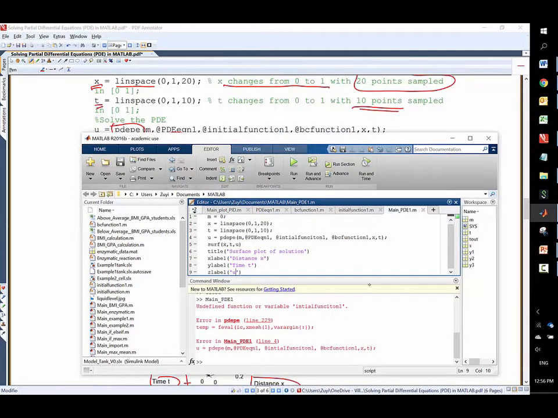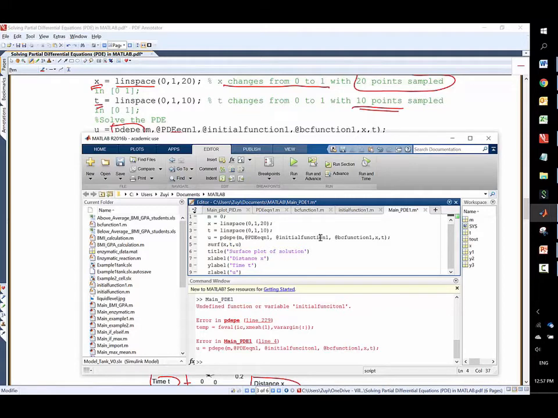So something's wrong because the name of the function is not consistent. It should be initial. Okay, so I missed the i here. So run it again. It should be function.